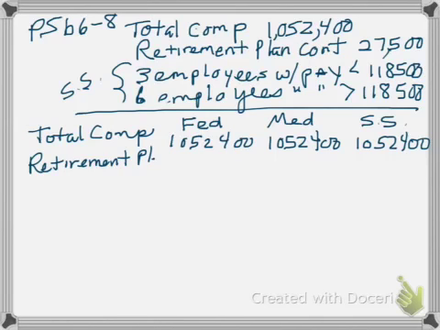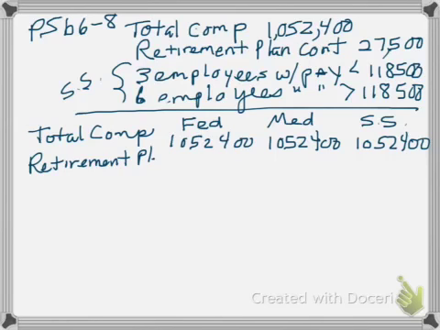I've set my problem up into 3 columns where I will calculate the federal, Medicare, and Social Security taxable earnings. First, federal. Looking at the chart on page 87, I see that retirement plans are deductible for federal withholding, but not for Social Security and Medicare.